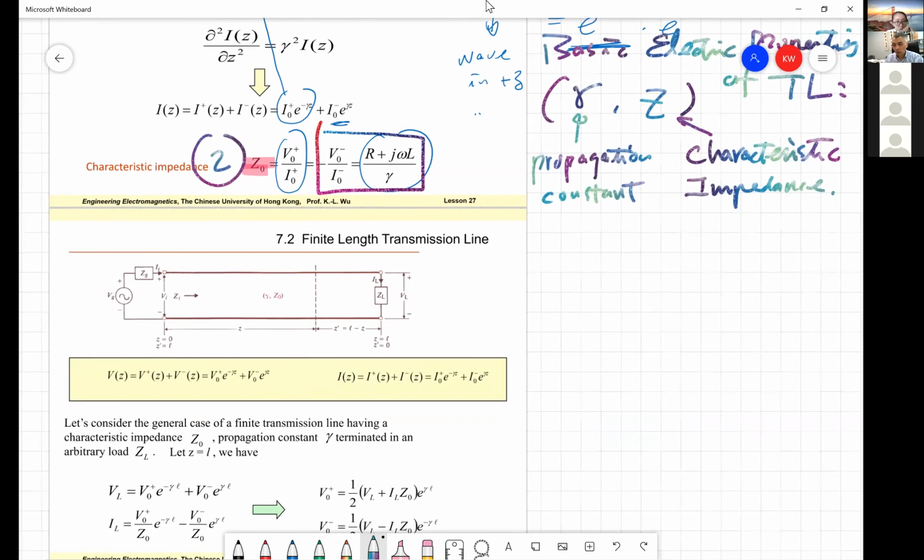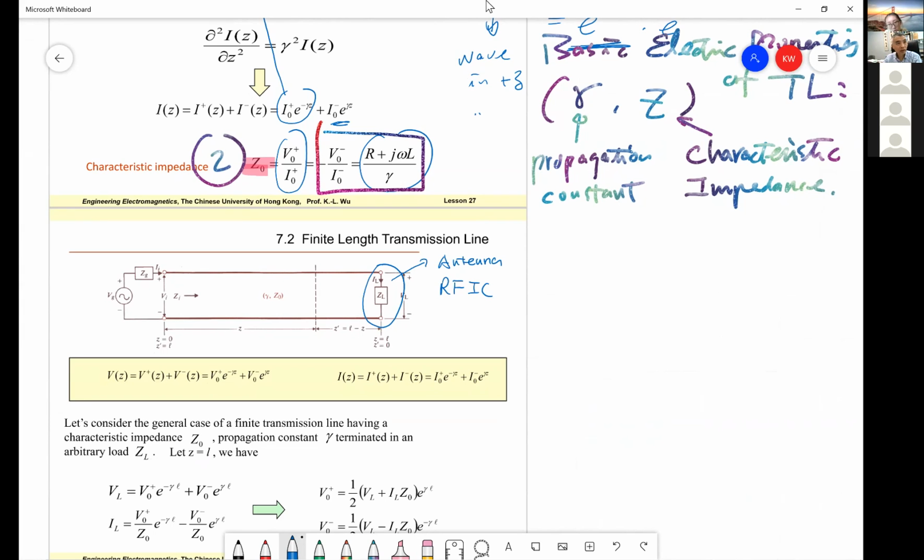Now we discuss a practical situation. What is a practical situation in applications? We have a load. This load could be antenna, or could be RFIC. Okay, could be anything.